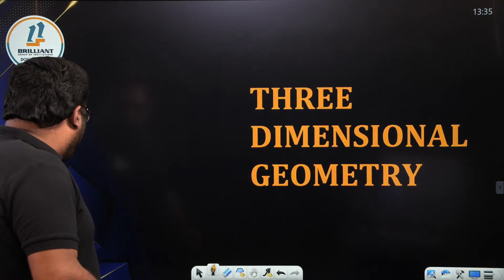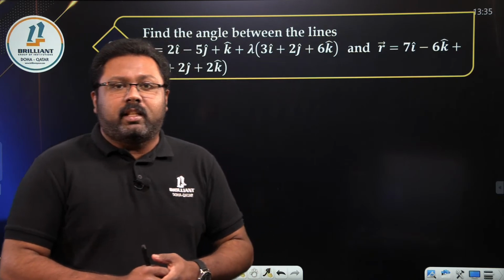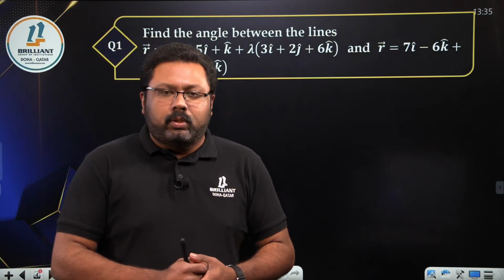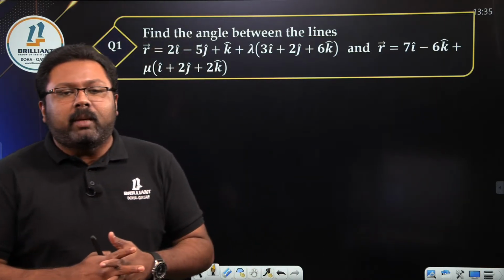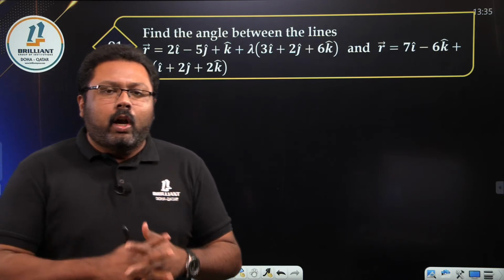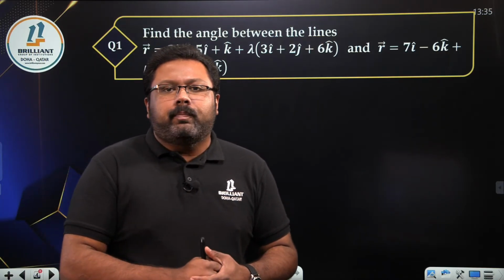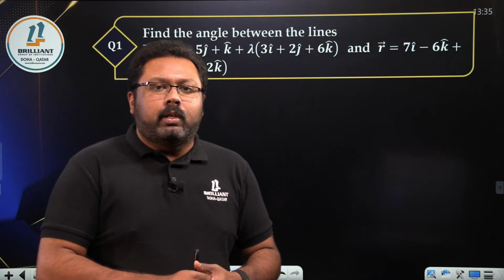Okay, in three-dimensional geometry, the first most important expected question is about the shortest distance between two lines. Before starting with the question, let me tell you something about 3D geometry. There are a lot of formulas in three-dimensional geometry, but every concept can be described using 2 formulas.